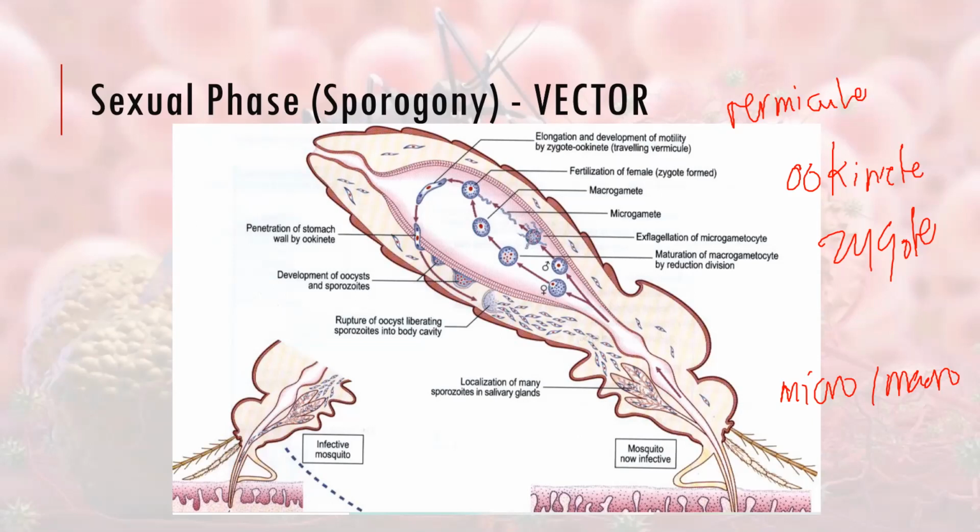Until penetration occurs, such that these infectious sporozoites, which is the infective stage, localize in many numbers in the salivary gland of the mosquito, awaiting delivery to the man's bloodstream during a blood meal, depositing these sporozoites. I hope you can follow. That is the sexual and asexual phase of the malarial life cycle.